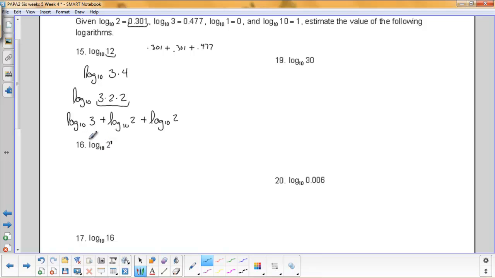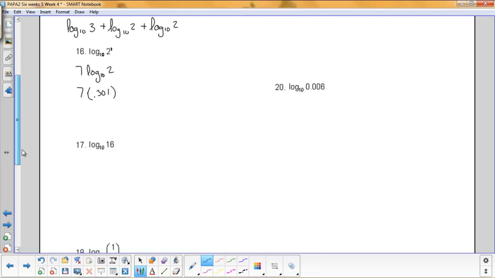Alright, on question number 16, we're going to take a look at this, and we're going to rewrite it as 7 log base 10 of 2. Pretty simple, we'll just do 7 times 0.301, and that is going to be your answer. Moving down to question number 17, we're going to look for a way to get 16 to turn into a combination of 3, 4, 1, and 0.